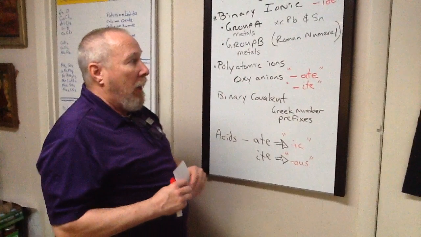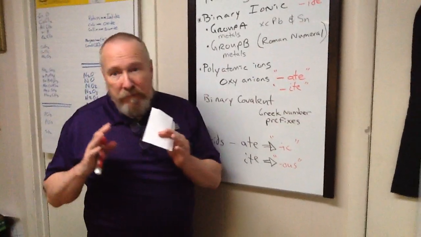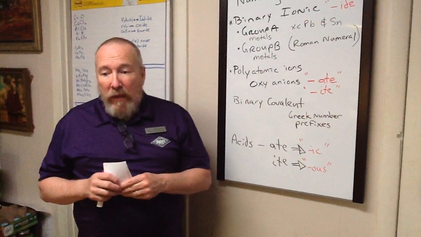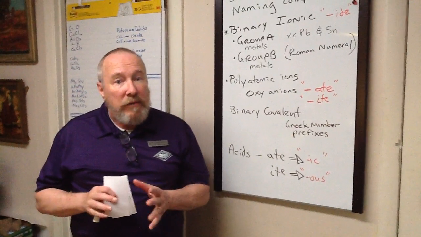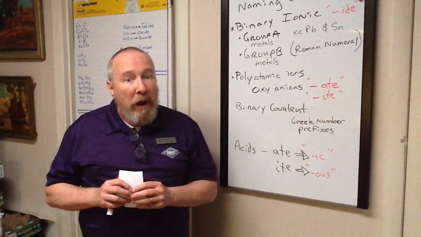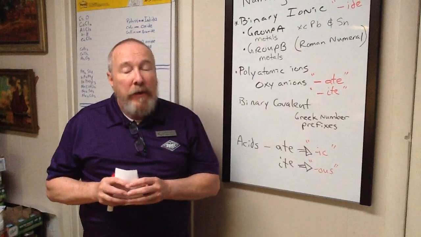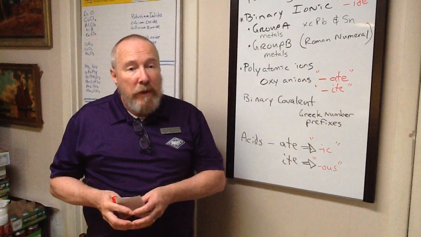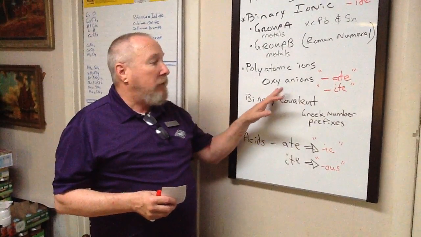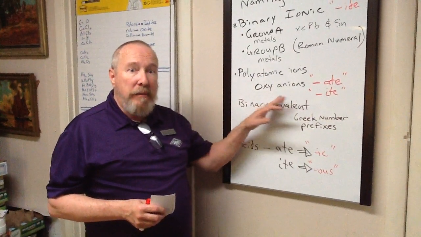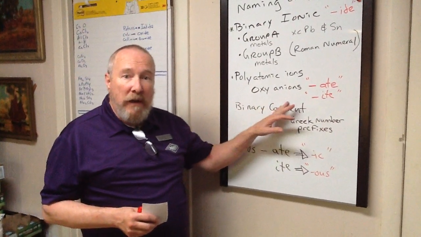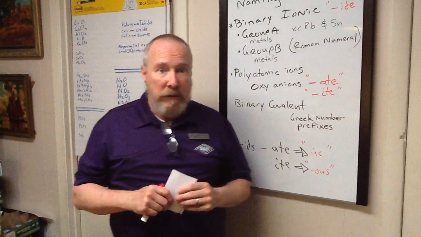Now, it does get more complex. We're going to have some ions that are not elements, okay? They're called polyatomic ions. There are a number of them. Most of them are oxyanions, polyatomic anions containing oxygen. Not all of them.